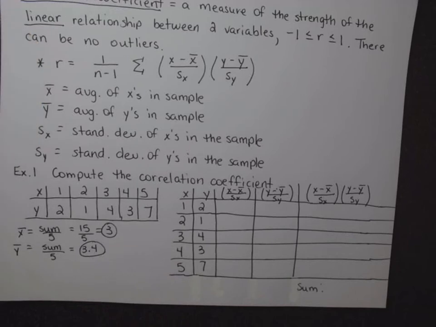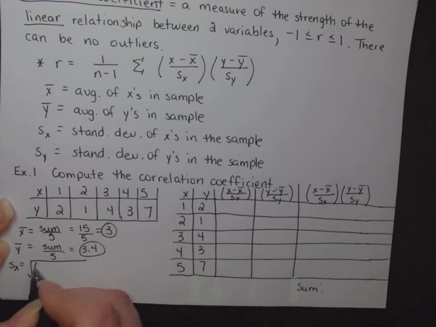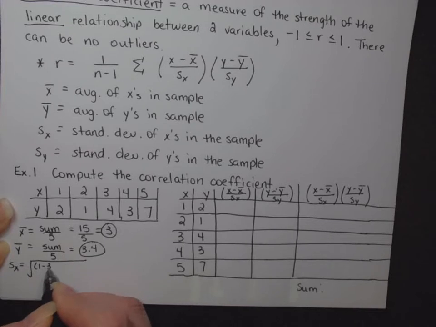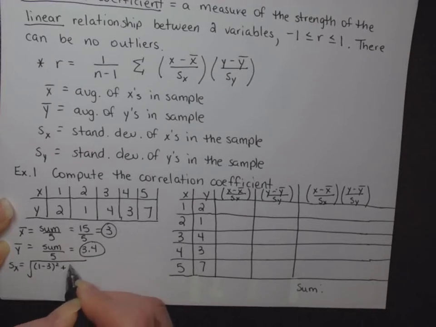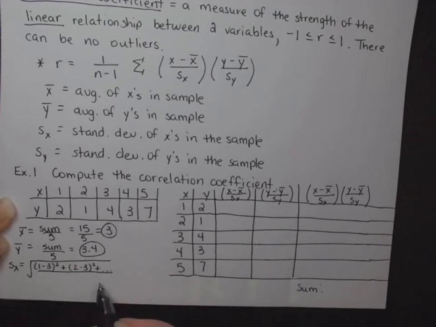Okay, the standard deviations are going to take you a little bit of time, but I'm going to briefly remind you how to do that. For standard deviation, you take the square root of every value minus its average, squared, and you add them up. So I'm going to say dot, dot, dot, and then over n minus 1.